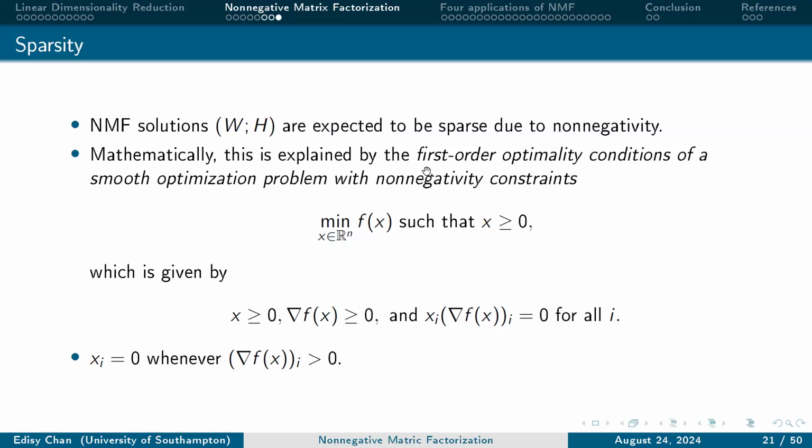By the first order optimality conditions, we have the following conditions on X and the gradient of F. Now we can see that x_i will be 0 whenever the gradient at that entry is bigger than 0.